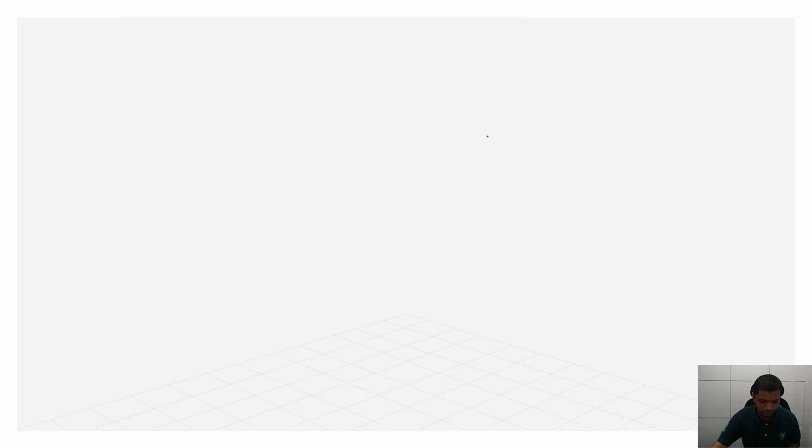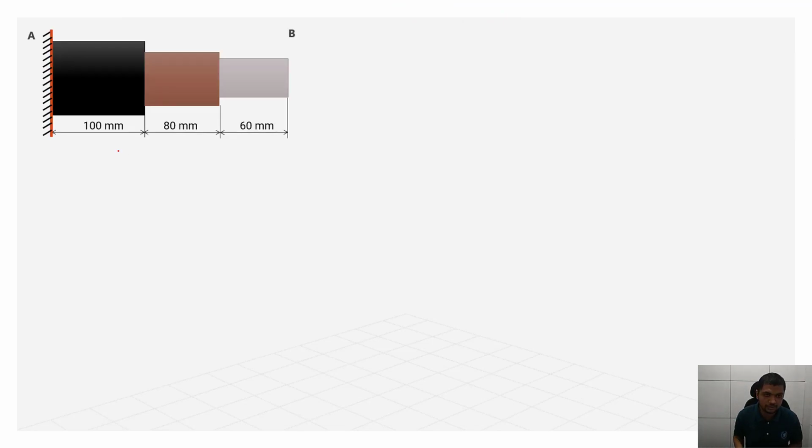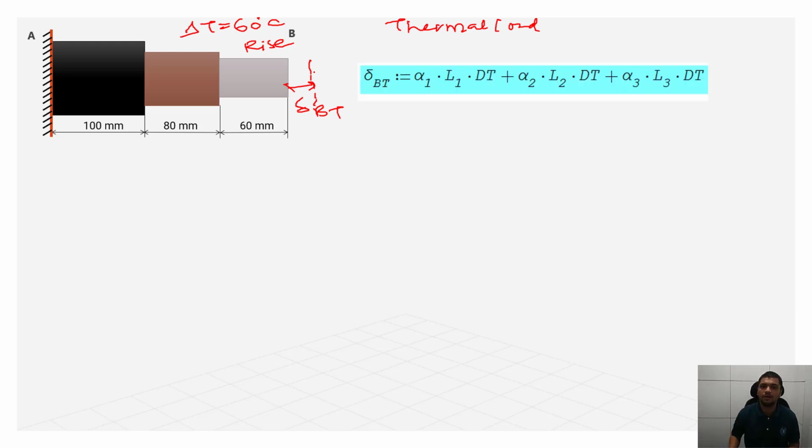Similarly, we are going to find out for thermal loading. So this is subjected to a temperature rise of 60 degrees Celsius, right? Because of thermal load, we are going to get the deformation at this point of delta BT amount, and that can be given by alpha L delta T. We have seen this equation already in the very first video of this second lab.